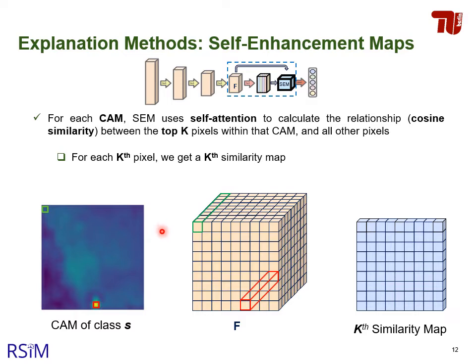And since the CAM and the CNN features are of the same spatial dimension, we can map a feature vector of the CNN features to the location of the kth pixel within the CAM. And this allows us to then calculate the cosine similarity between these feature vectors, which then make up the values within our kth similarity map.